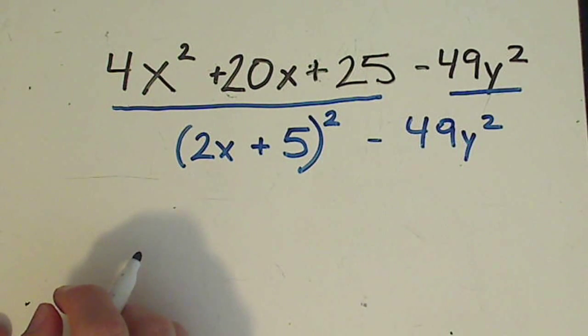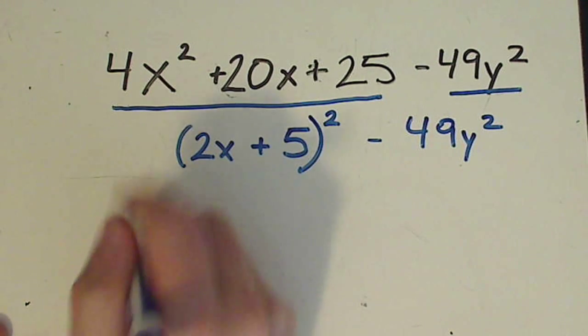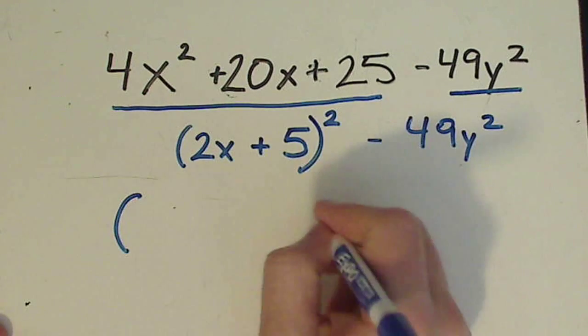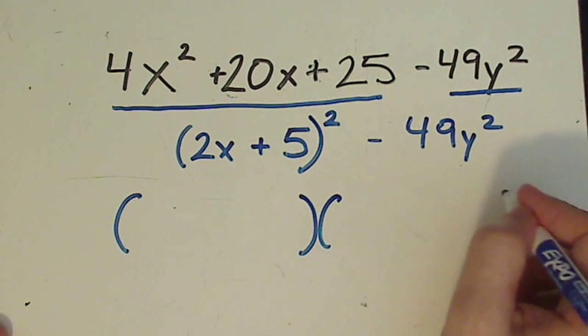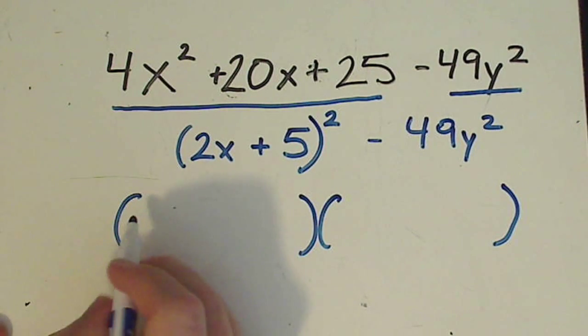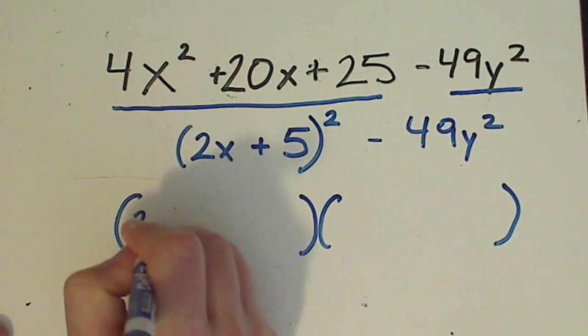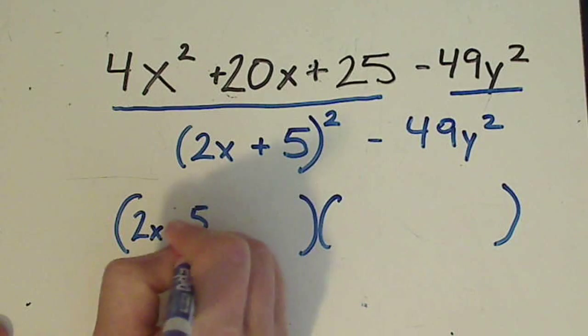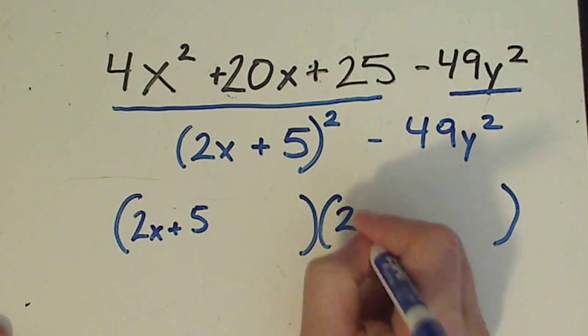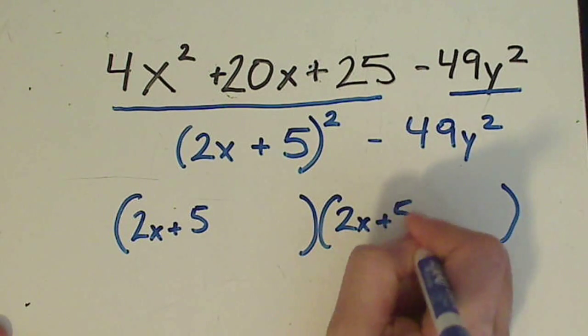Now the next thing you want to do is write it as a difference of squares. To do that, you just write the two sets of parentheses. The first term is going to be 2x plus 5. So just write 2x plus 5, 2x plus 5.